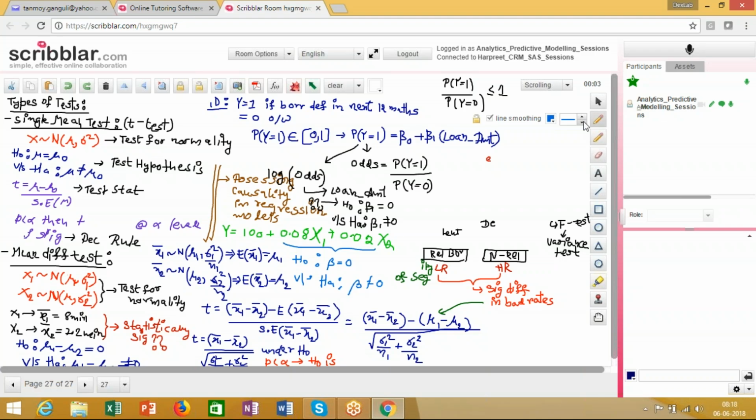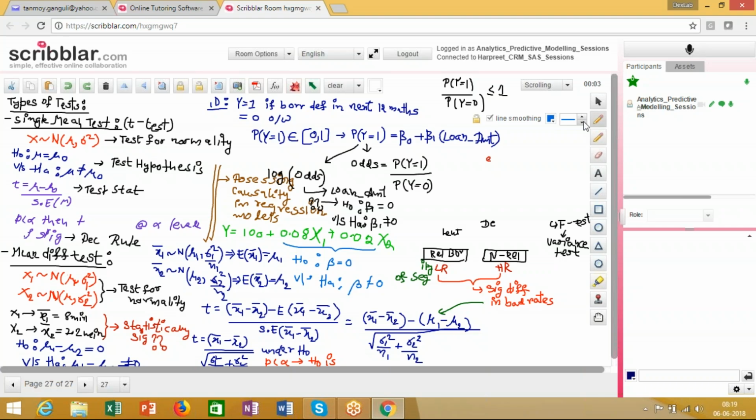So if I have to identify one segment as a high risk segment and another segment as a low risk segment, then we would love to know whether there exists a significant difference in the average bad rates across the two segments.